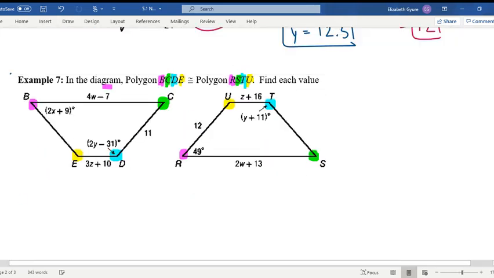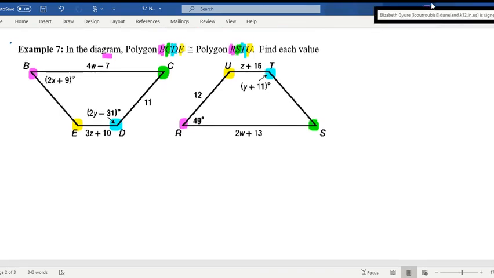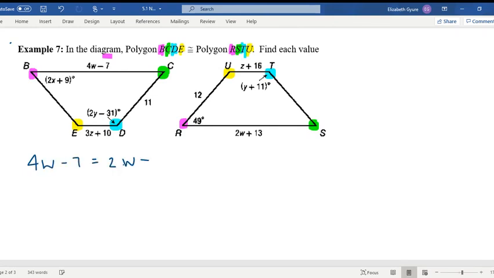All right, so Mark, to solve for W, how did you set up your equation? Yep, 4W minus 7 equals 2W minus 13. These two sides here would have to be congruent. Oh yeah, plus 13, sorry. So that would give you 2W equals 20. And for W, you should get 10.